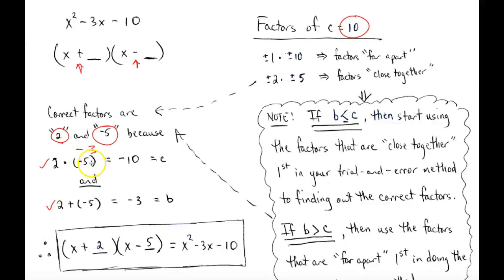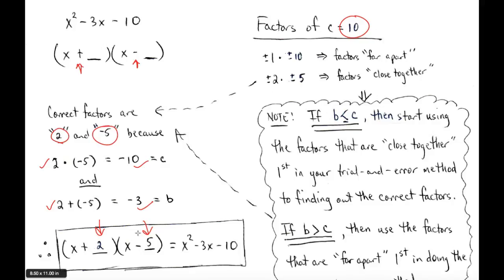We know that 2 times a negative 5 is a negative 10, but 2 plus a negative 5 gives us a negative 3. So we see that those two factors should be the ones that work. Now what we have to do is make sure that we put them in the right place. And so you see that I put the 2 in the first place and the 5 in the second one.